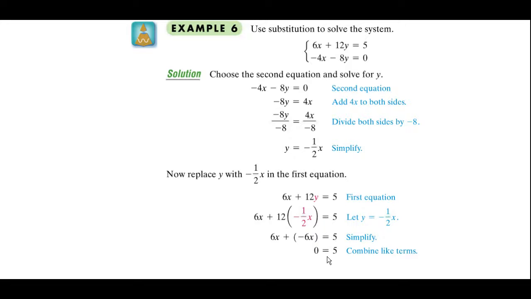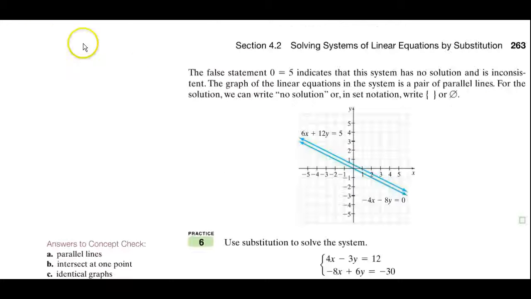Well, when you use the substitution method and you end up with a false statement, this indicates that the lines are parallel and there will be no solution. And that's what we see here.